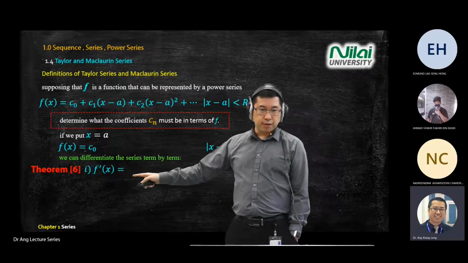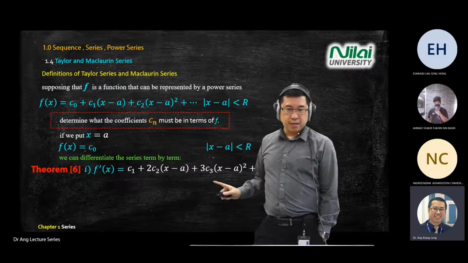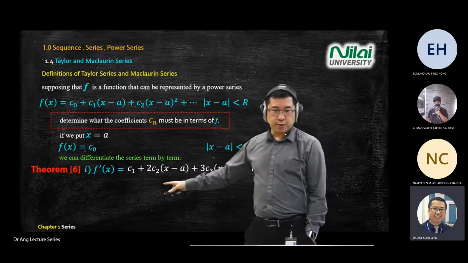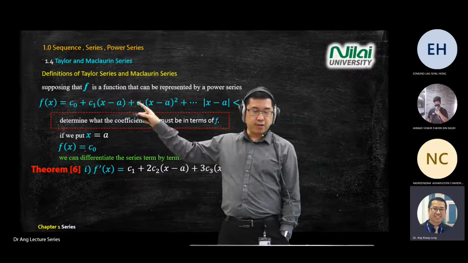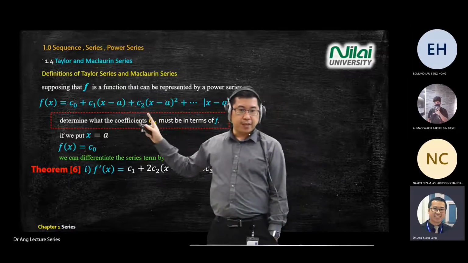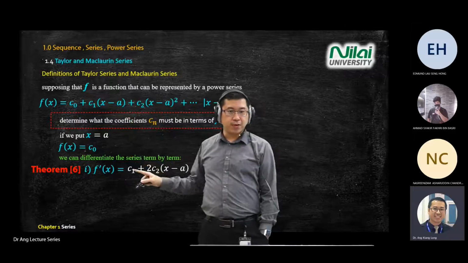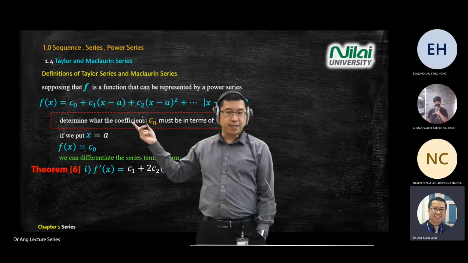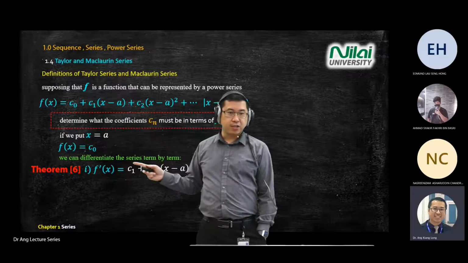If you don't want to replace x equal to a, you can also do the normal differentiation. You differentiate the first one, C sub 0. You know the first number is a constant value, so you differentiate it, you get 0.